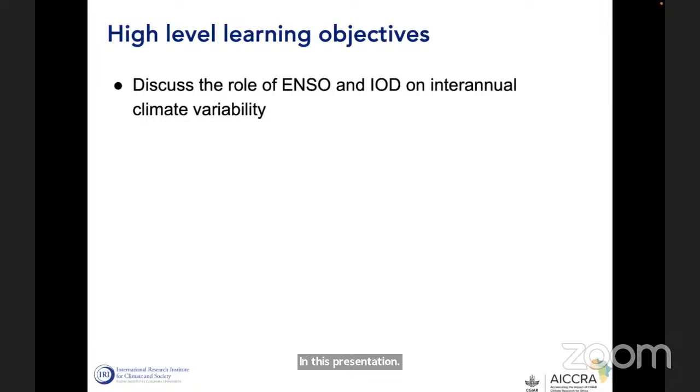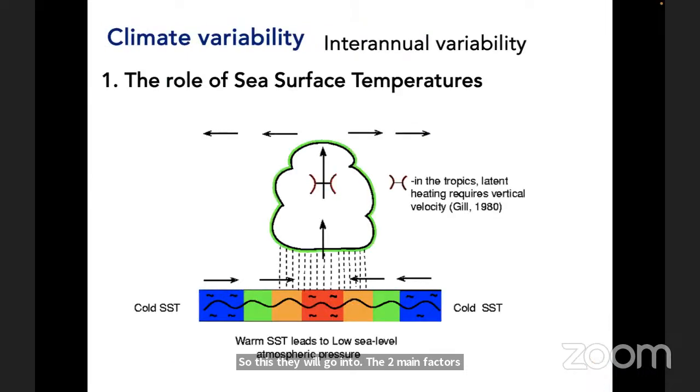So we'll go into the two main factors. Actually, it's only one, but two of the main factors. This is the first thing, just to repeat what I said before: the sea surface plays a significant role in the climate, especially in climate variability. We'll come to why.